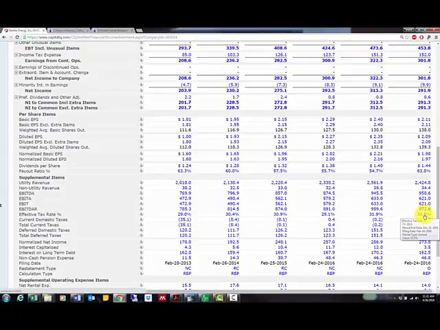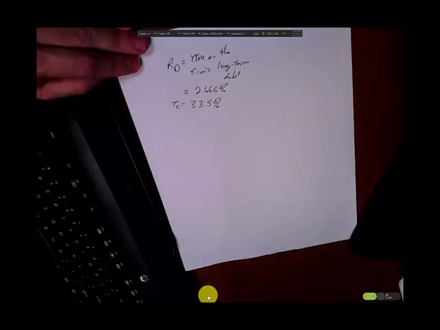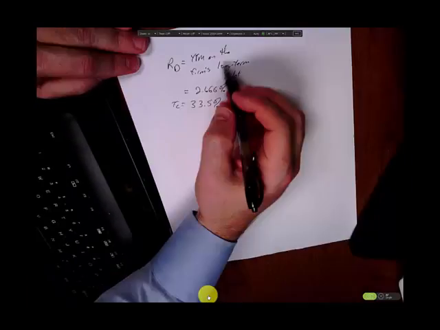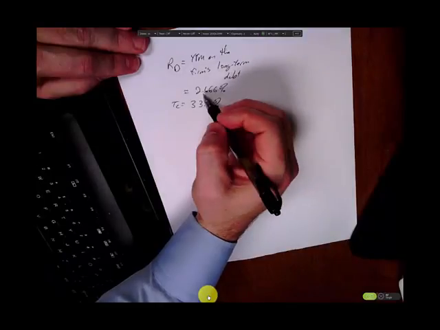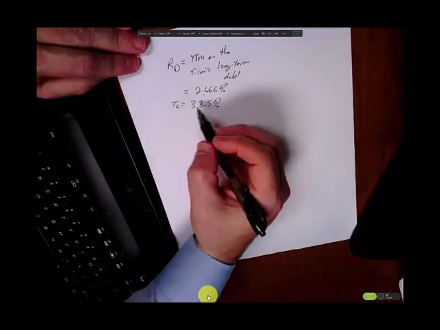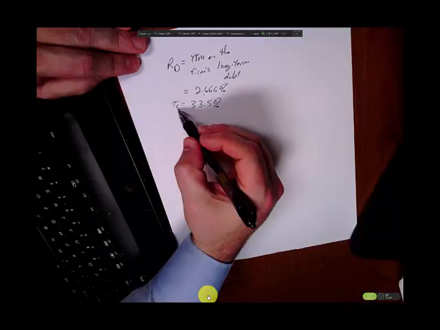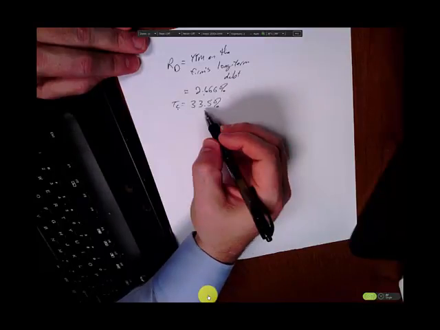I'm going to switch back over to the document camera. So I've got the yield to maturity on the firm's long-term debt, and that was 2.67%. And the corporate tax rate, T sub C, is 33.5%.